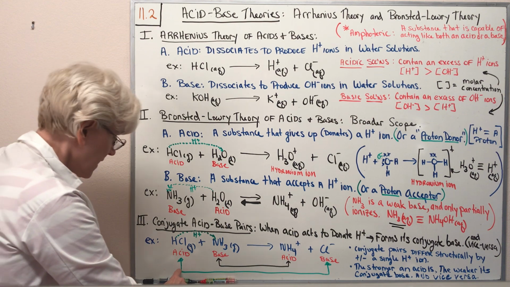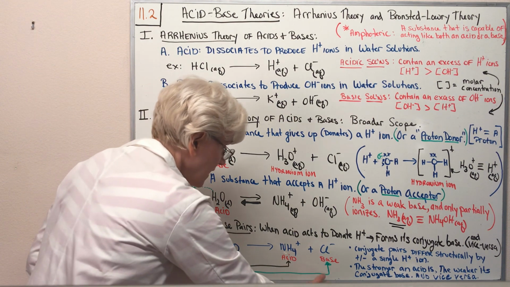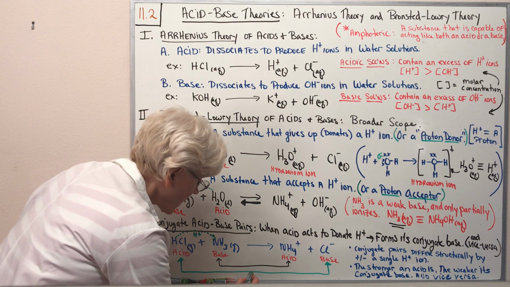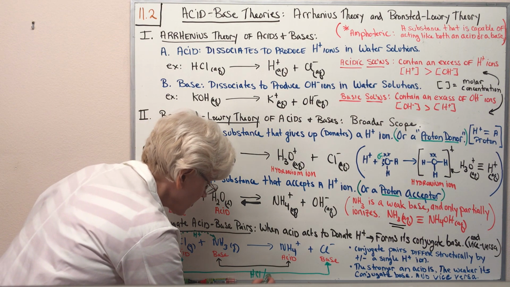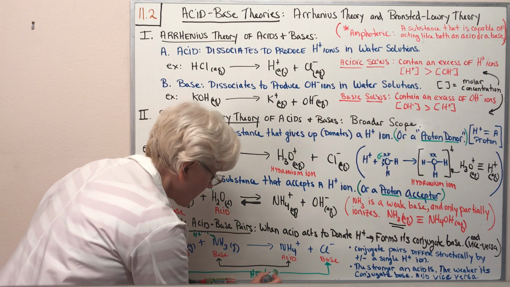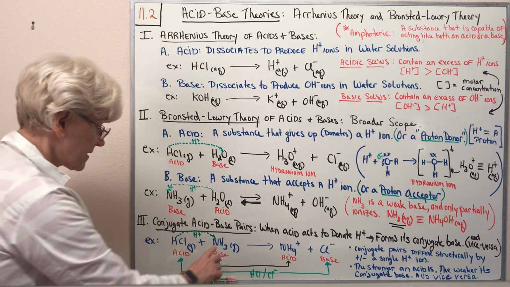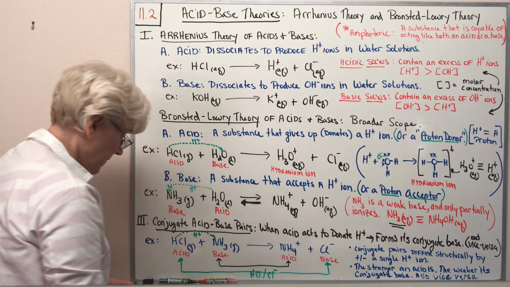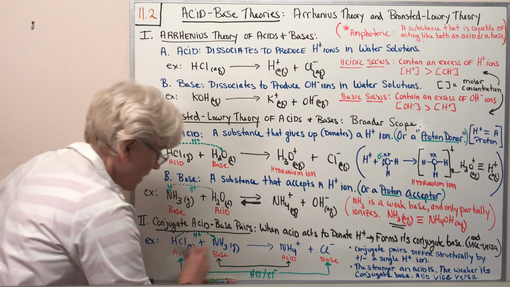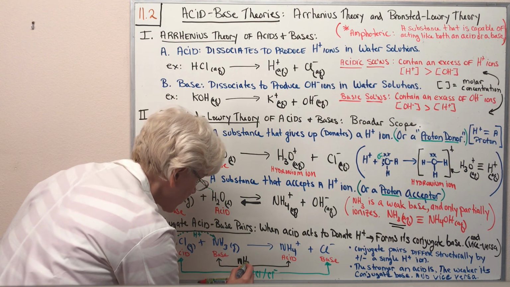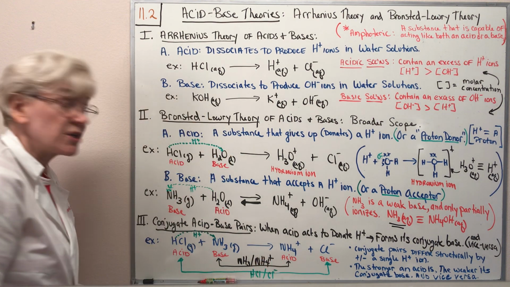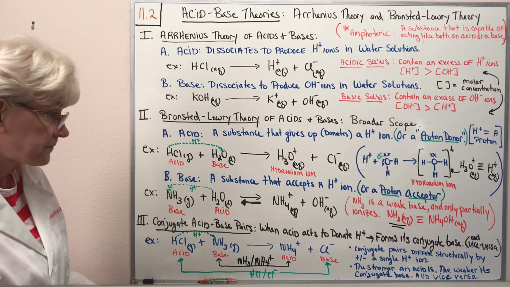So the arrows here are identifying the conjugate acid-base pairs. HCl is the acid, and chloride ion its conjugate base. So HCl, chloride, conjugate acid-base pair. And likewise, ammonia, ammonium ion, conjugate acid-base pair.